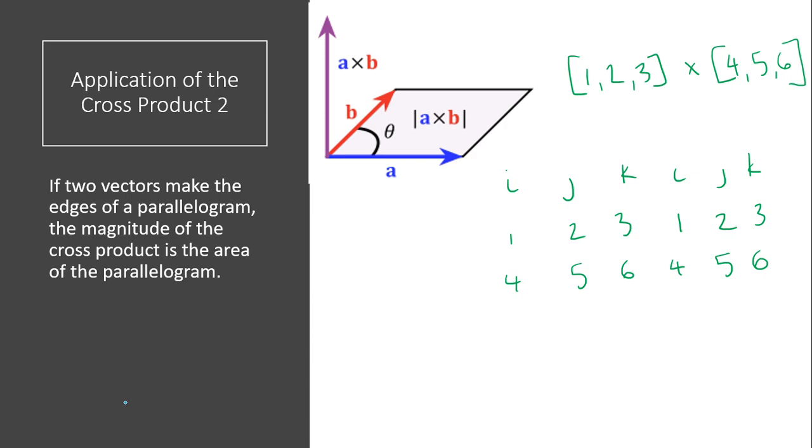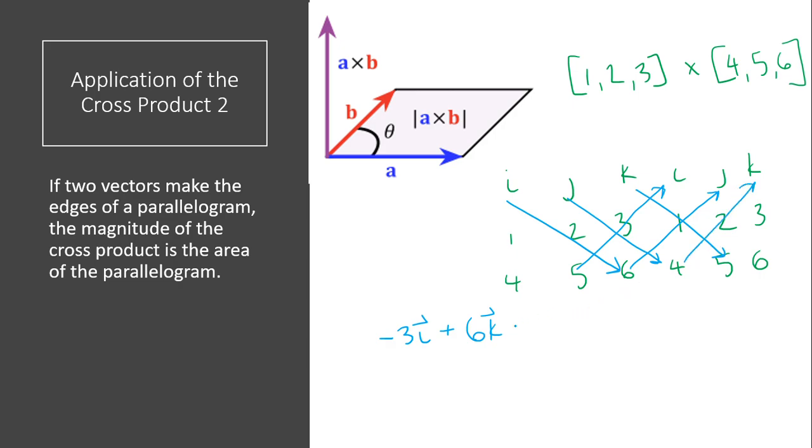Let's go with aqua. 12 minus 15. 12 minus 6. 5 minus 8. So there's a cross product.